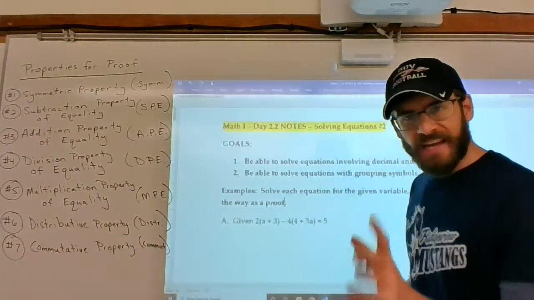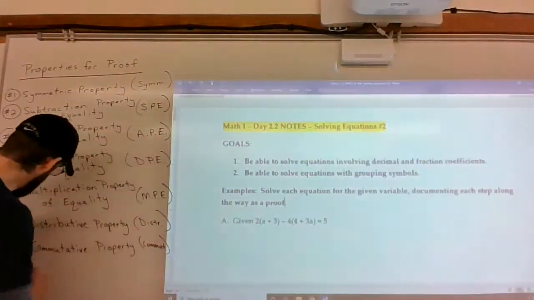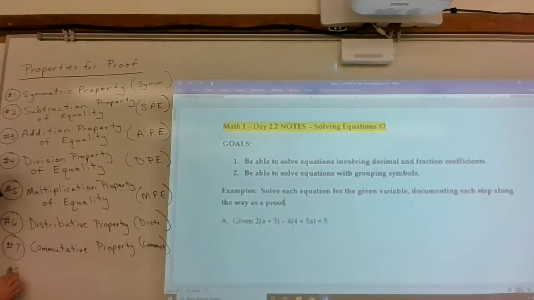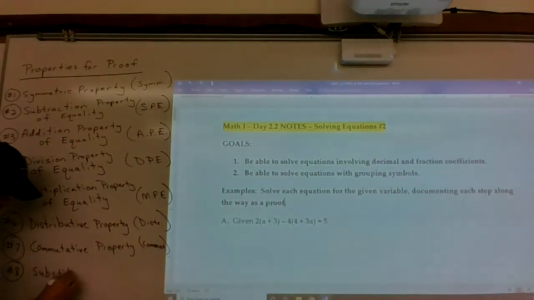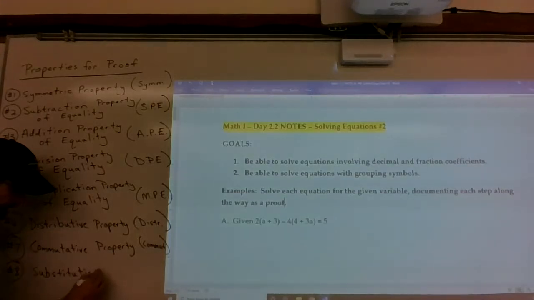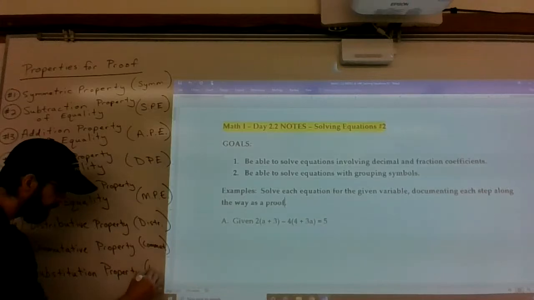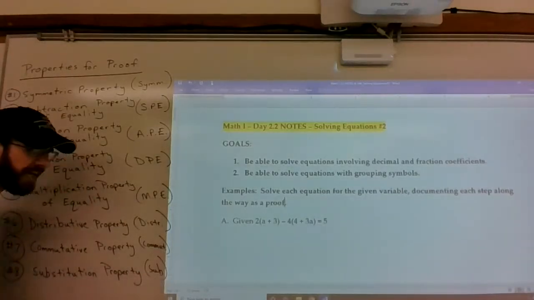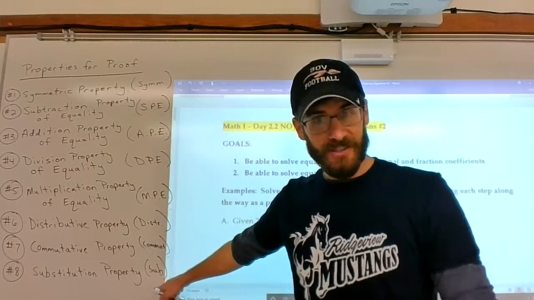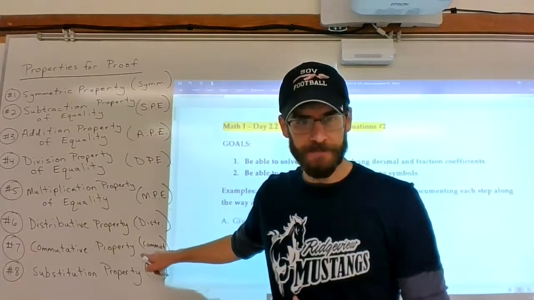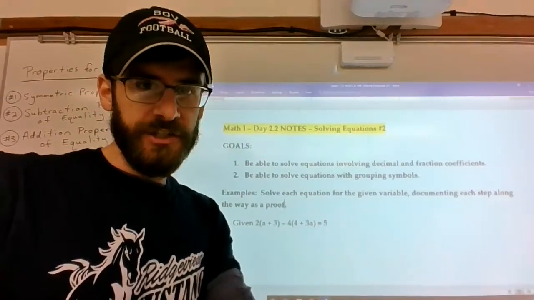That's if we want to get the like terms side by side, and I'll show you how to do that on this first one. And then the last one is the substitution property. And in the context of solving equations, that one's pretty much always going to follow the commutative property when it comes up. So let's just dig into our first example.